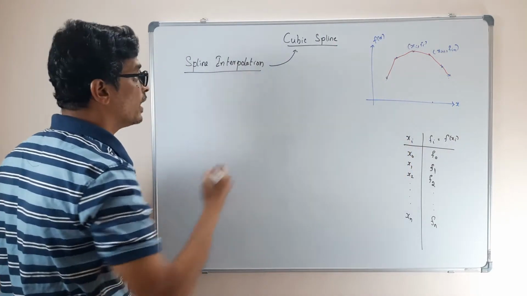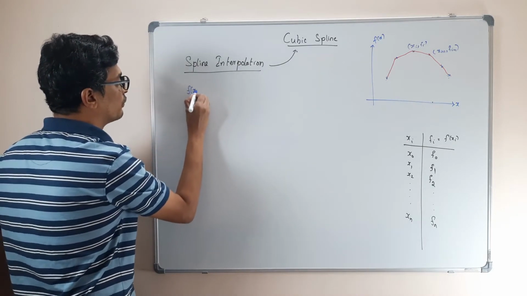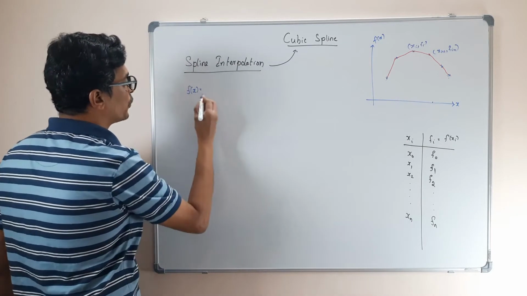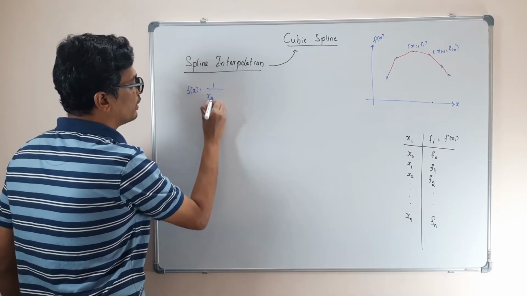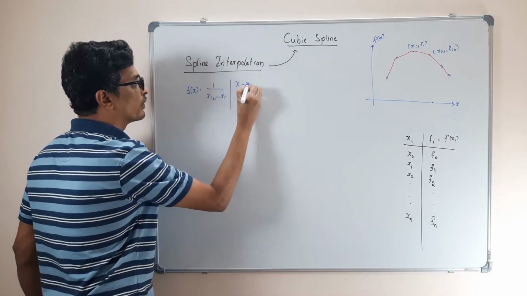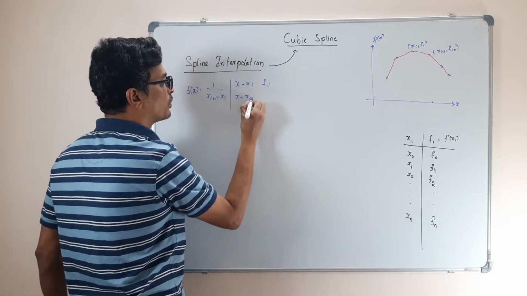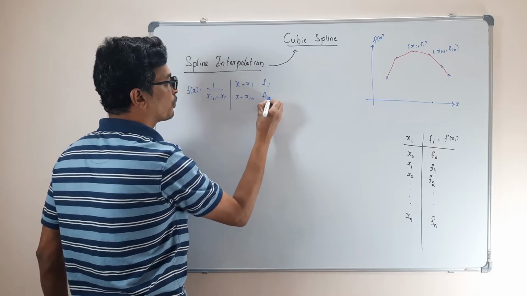So let us take the straight line connecting these 2 points. Let me call it f of x. That will be 1 by xi plus 1 minus xi into the determinant of x minus xi, fi, and x minus xi plus 1, fi plus 1.